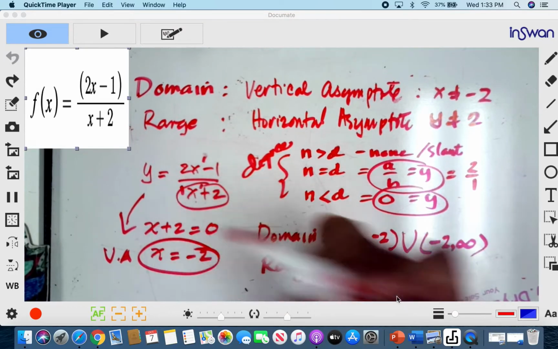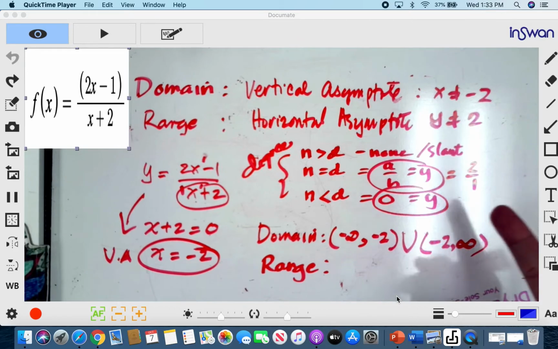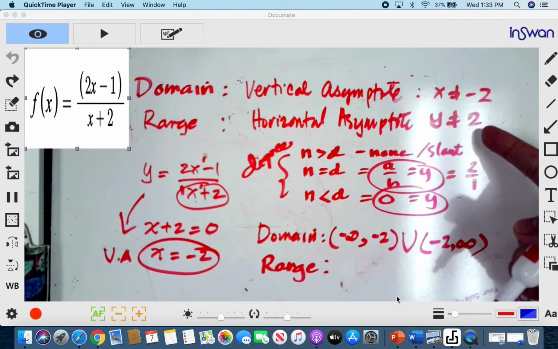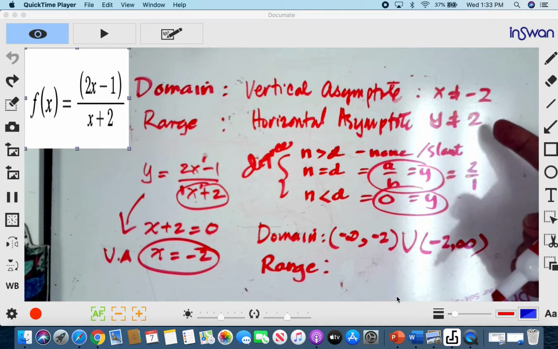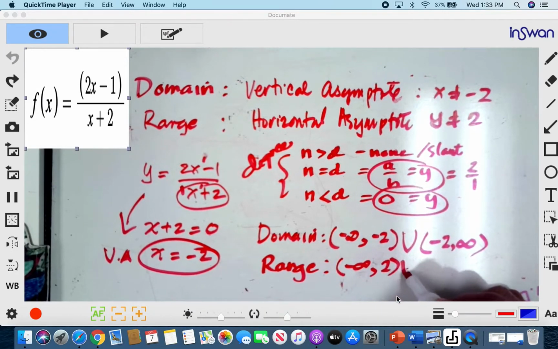There's 2 here and there's 1 here, so divide them, you'll have 2. But your graph will not cross y equals 2. So the range is y is not equal to 2, and it can also be written as negative infinity to 2, parentheses, union 2 to positive infinity. Okay, so I hope it's clear.